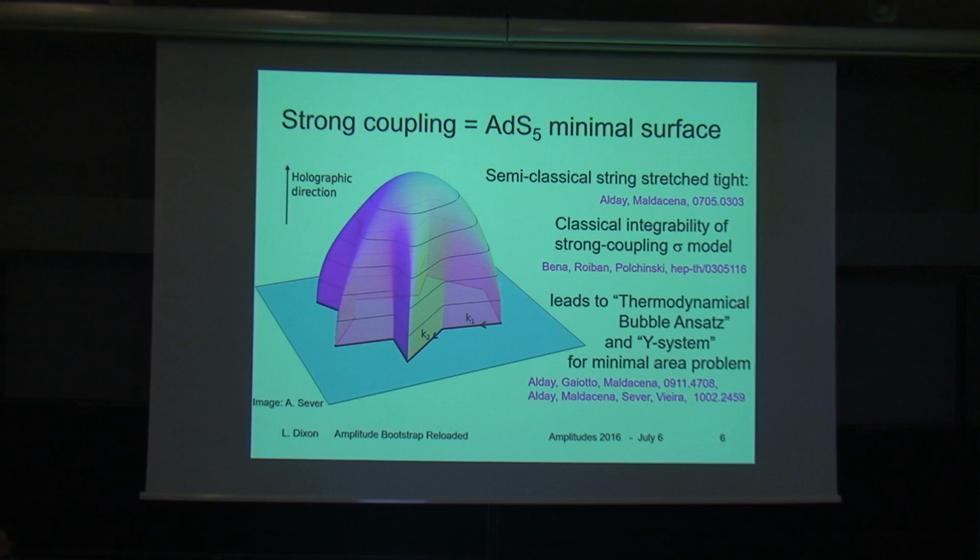And the sigma model that governs this behavior has a classical integrability, as pointed out by Bena, Roiban, and Polchinski, and that leads to a method based on classical integrability called the thermodynamic Bethe ansatz, and also a Y-system to effectively solve this minimal area problem numerically for generic kinematics.